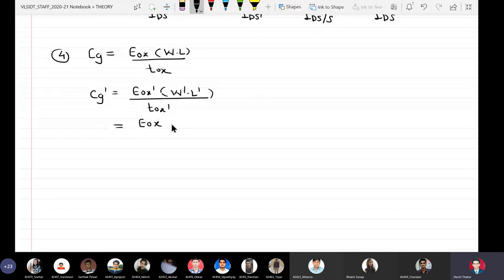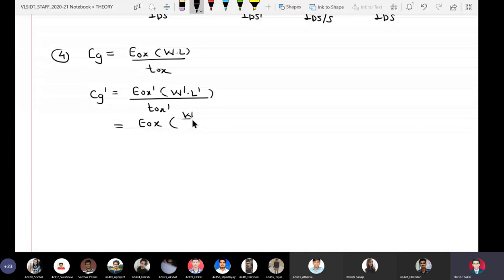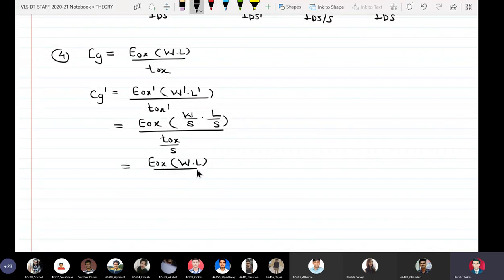Epsilon ox dash is equal to epsilon ox. We have W by S into L by S upon T ox by S. It comes out to be epsilon ox into WL upon T ox into 1 over S. Basically, it is Cg upon S.